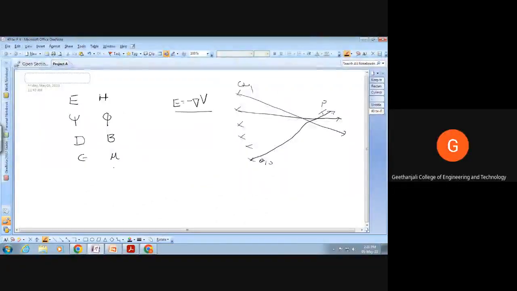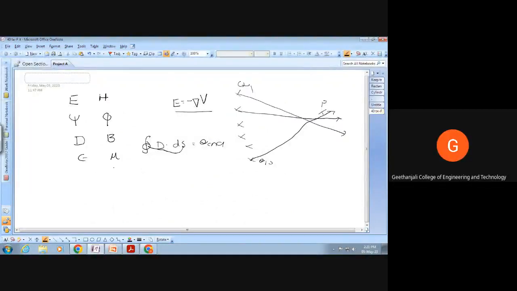One can apply Gauss law. What is Gauss law? Closed integral D dot dS is equal to charge enclosed. In order to apply Gauss law, we need to consider a closed surface. That closed surface is known as the Gaussian surface.